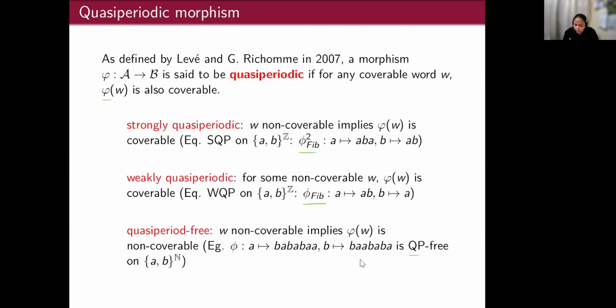But the Fibonacci substitution itself is weakly quasi-periodic and not strongly quasi-periodic on the bi-infinite words consisting of A and B. And lastly, we have here a substitution phi that is QP free on right infinite sequences consisting of letters A and B.